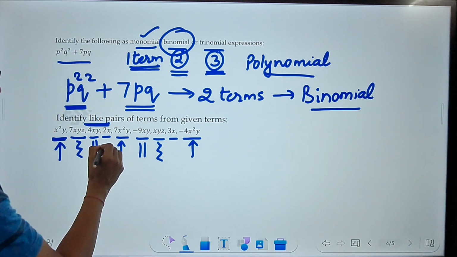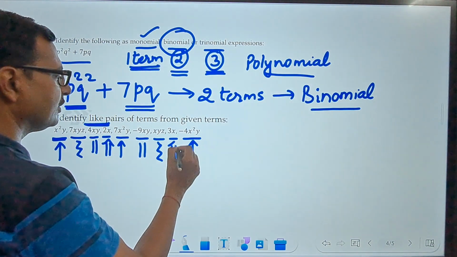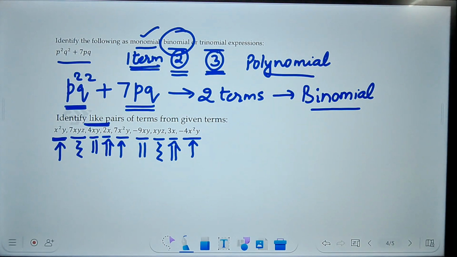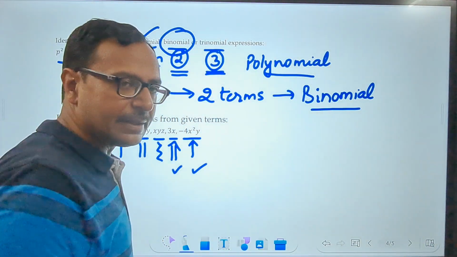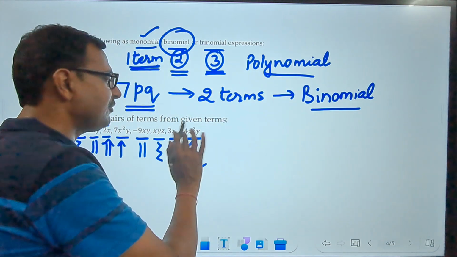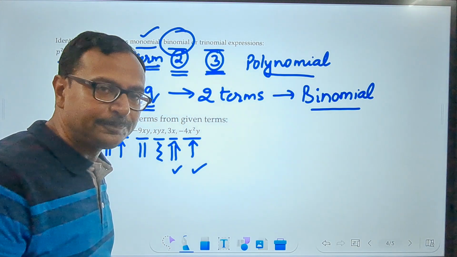And finally we have the double arrow here, 2x, and the double arrow here, 3x. So there are 4 pairs of terms which are called like terms. Likewise, if I say 3x and minus 4x square y, they are unlike terms because they contain different variable parts. Here you have x and here you have x square y.